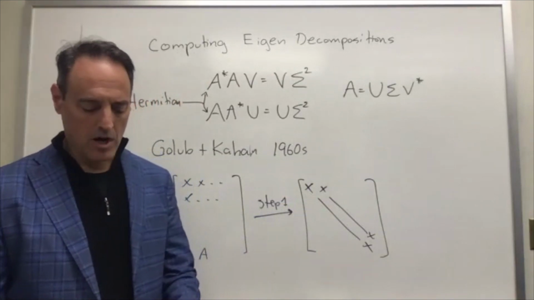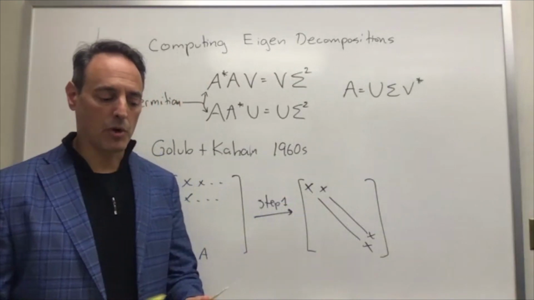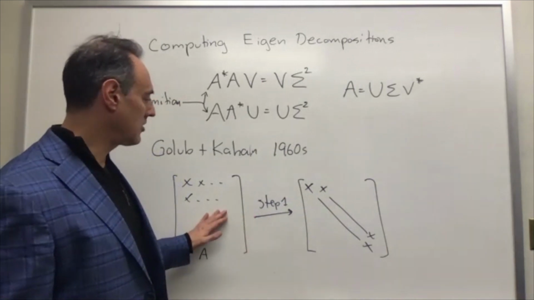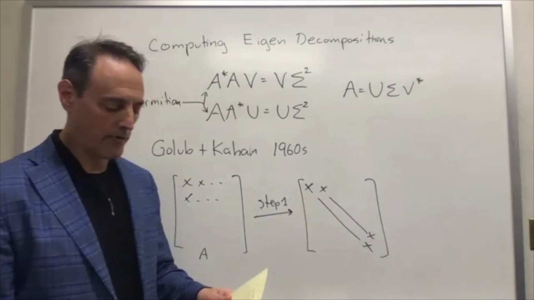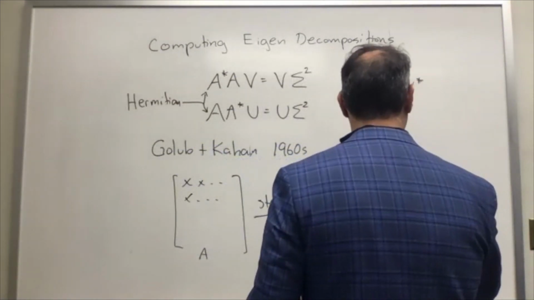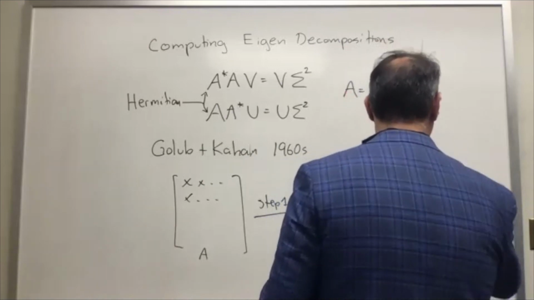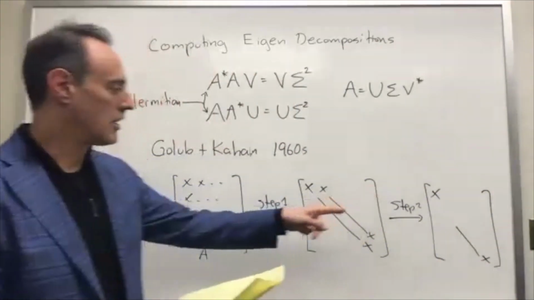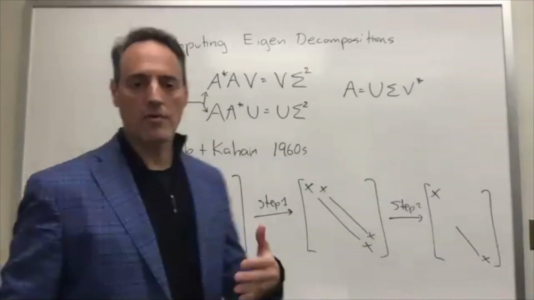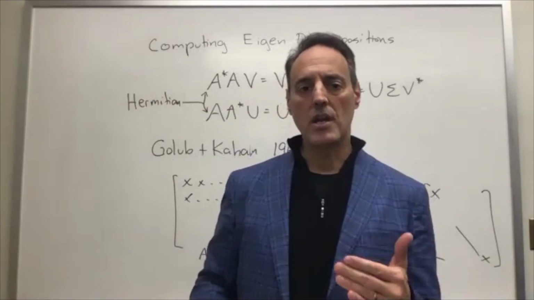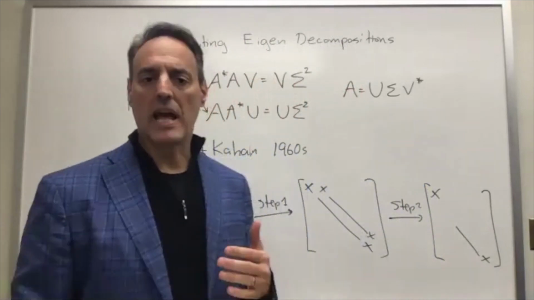Okay, so we're going to talk about how that method works just here in a moment, but that's going to be the goal. I'm going to take this matrix, put it into a bidiagonal form, and then the second step of this is take that bidiagonal form and iterate it to get a diagonal.